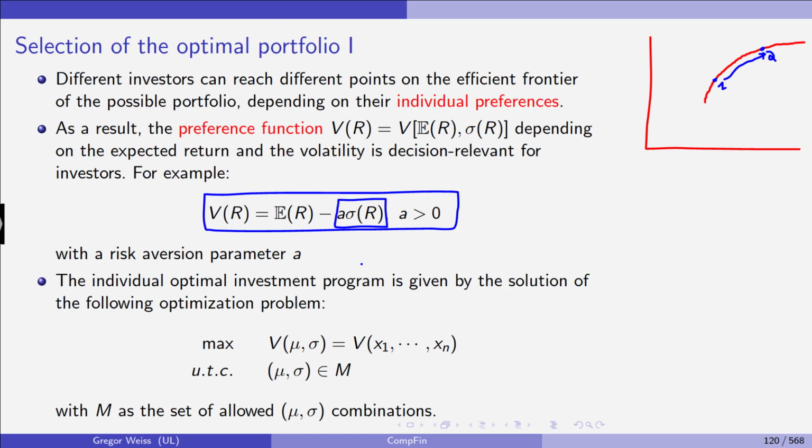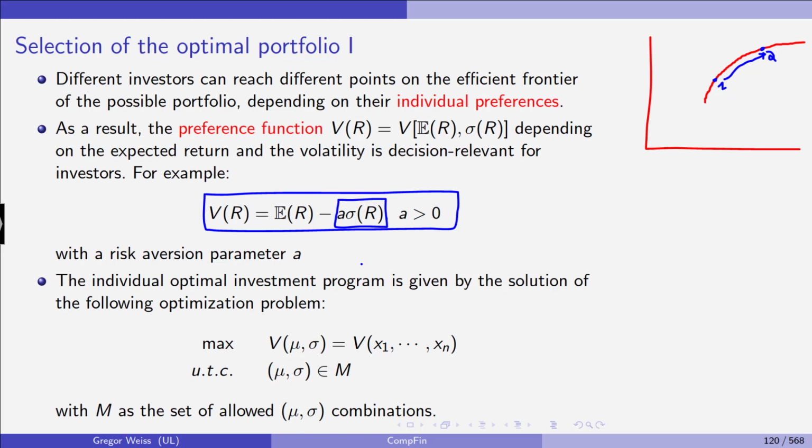So what do you need to do then? The individual optimal investment program should obviously not be based on maximizing return. It could be maximizing return under the constraint that you keep risk at a certain level, could be okay, but then would be very general.